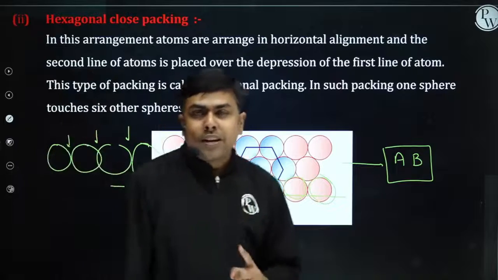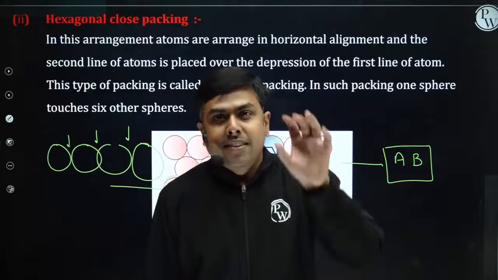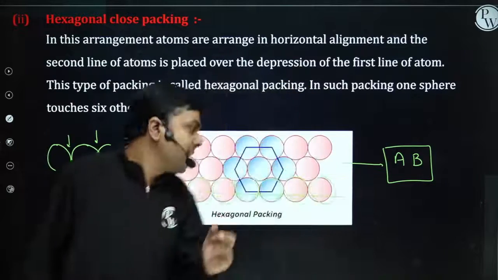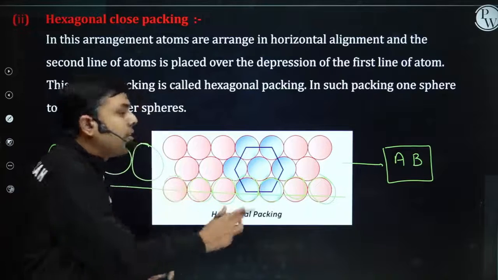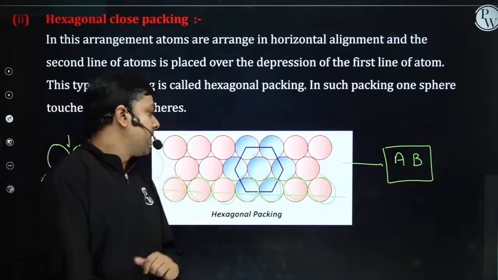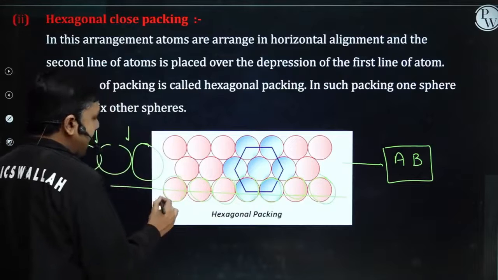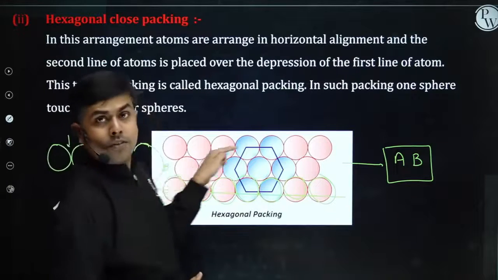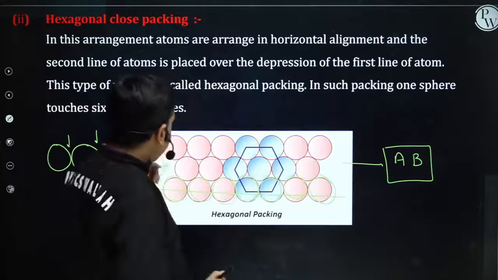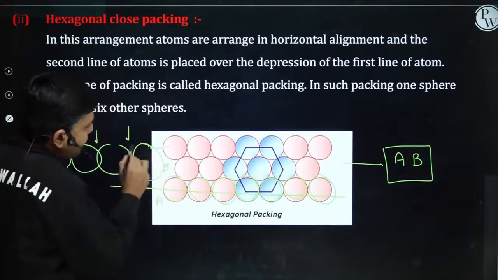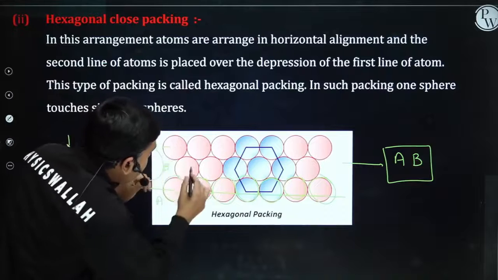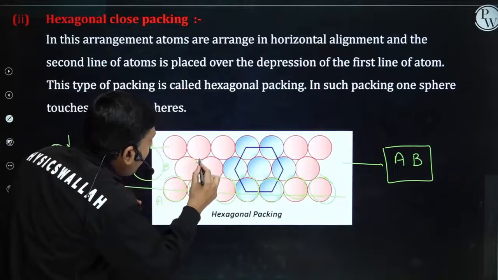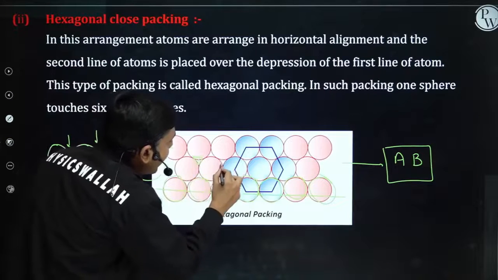So, students, in AB type of packing, the next layer is basically placed exactly on the depressions of the first layer. Am I clear? This is layer A. The next layer is exactly placed on the depressions of the first layer. Similarly, the third layer is exactly placed on the depressions of the second layer.